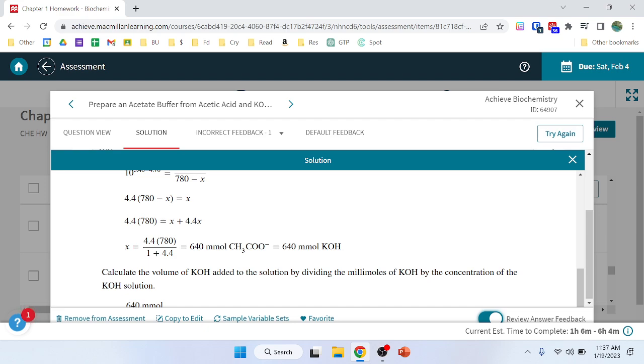And we get 642 millimoles of the conjugate base of the acid. That number is exactly equal to the amount of base you added, right? Because whatever conjugate base exists of that acid, you end up making that because you added KOH, right?